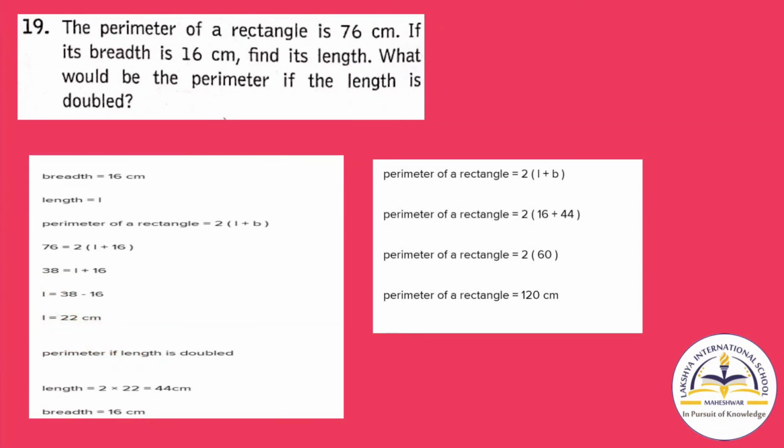Now if the length is doubled, it means the length is 22. When we double, it means we multiply 2 into 22, it will become 44 centimeter. And the breadth is 16 centimeter. Then we have to find out the perimeter. It means 2 into L plus B, that means 2 into 16 plus 44, that is 60. So 2 into 60, that will be 120 centimeter, that will be the perimeter.